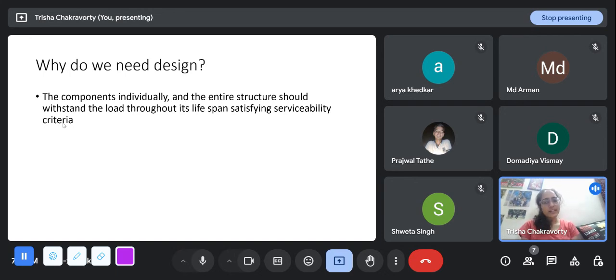And serviceability criteria has to do with deflection or strains. That varies very broadly from structure to structure and depends on its purpose. For example, in metal work factories, as I said last time, there are mechanisms that need a certain amount of headroom clearance.